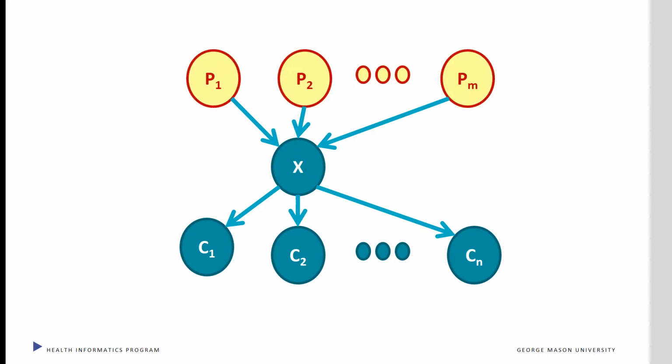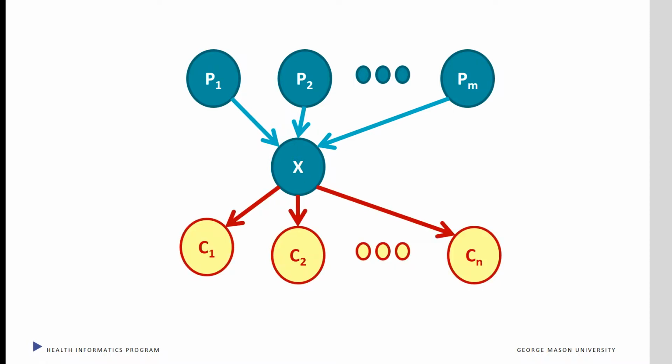All P nodes are parents to X. There is always a directed arc from the parent node to X. Networks also show children. All C nodes are children of X. X is the parent of these children, and there is an arc going from X to the children of X.